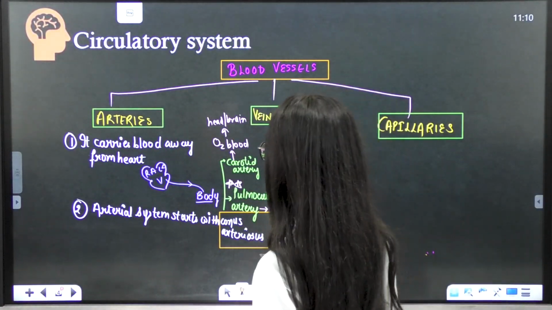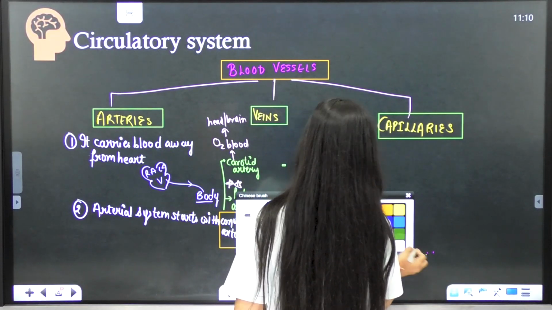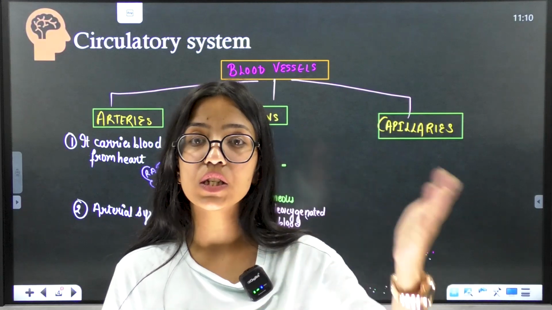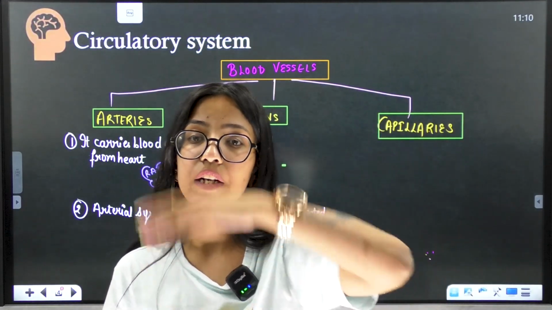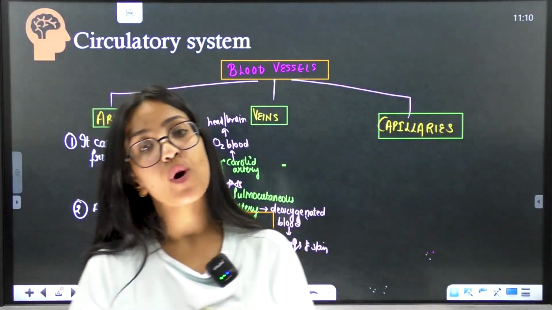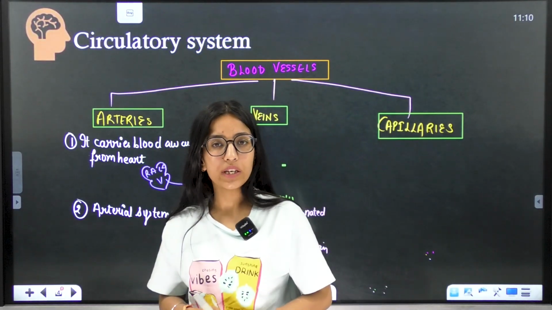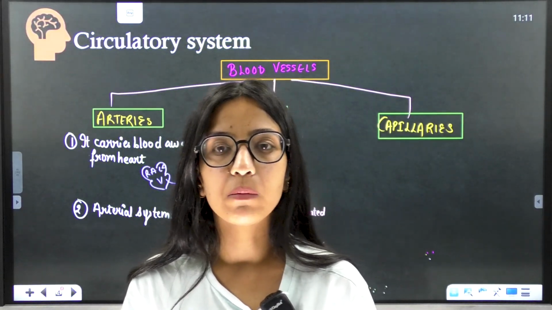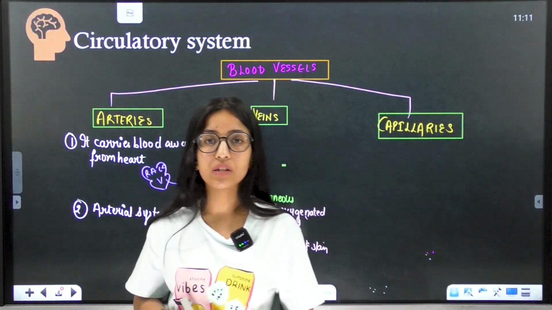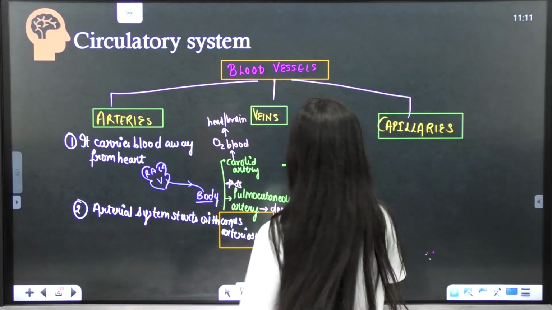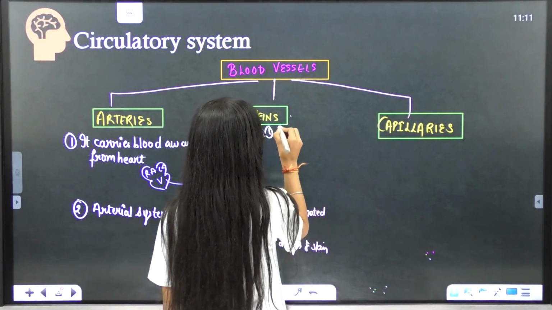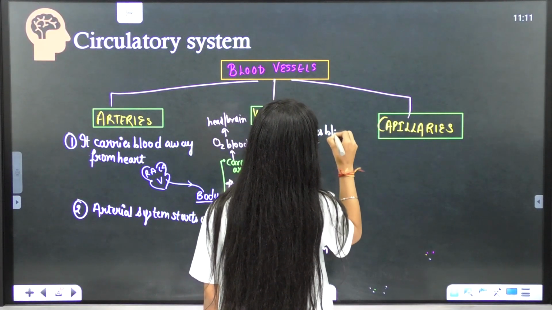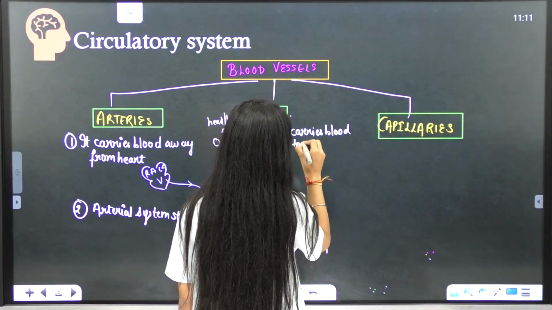Now, we will learn about the venous system, that is veins. When we talk about veins, it is clear that they carry deoxygenated blood towards heart for oxygenation. There is also an exception of vein, that is pulmonary vein carries oxygenated blood, right? Pulmonary vein carries oxygenated blood. So, the first point, it carries blood towards heart.